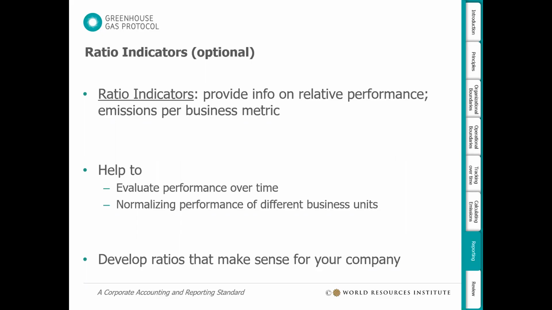For example, metrics can be used to relate figures from different years, to identify trends in data, and show performance in relation to targets. And ratio indicators and performance metrics can be used to improve comparability between differently sized businesses and operations by normalizing the performance data.